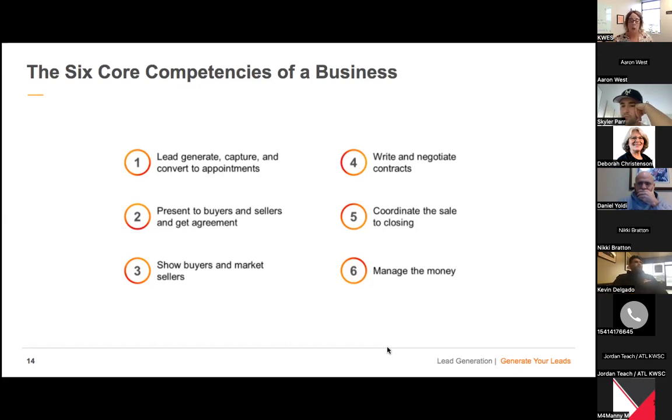We can do research on that, and we can also market to them once we have their physical address. We're also going to talk about how we convert that lead to an appointment. This is where you're going to find the active buyers and sellers. We have everyone in our database, and we're going to learn how to have that conversation, set the appointment, and agree to work together in buying and selling real estate.